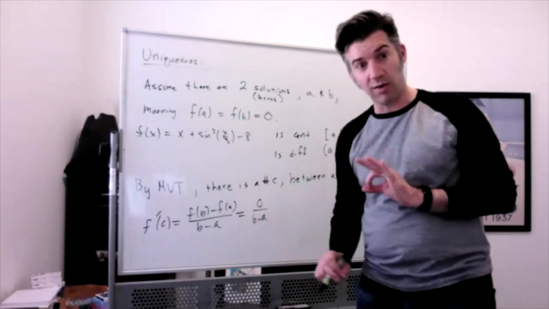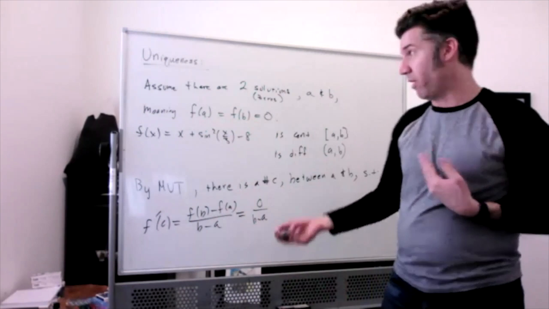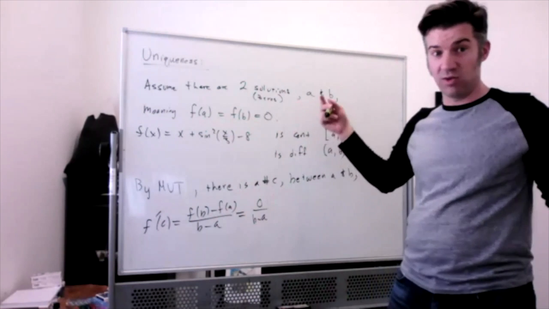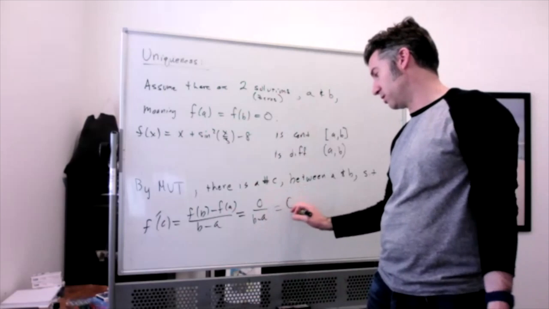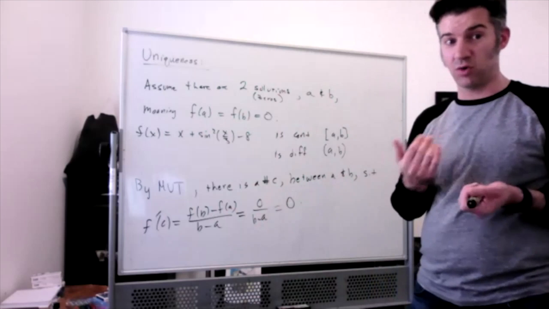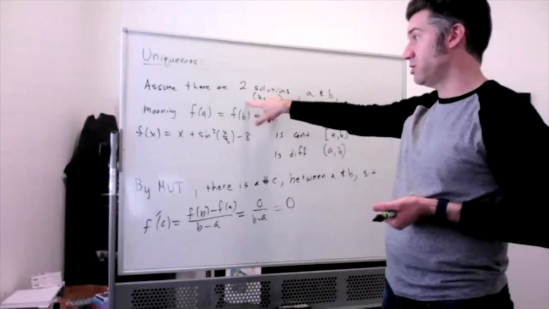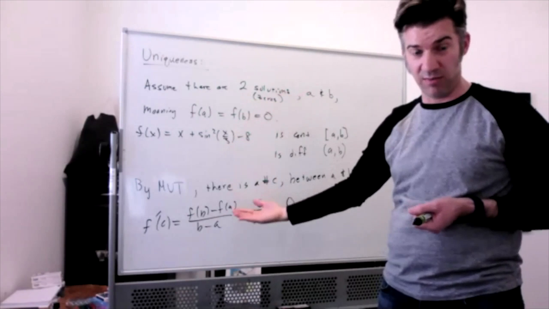And I want to point out, b and a are not equal to each other, right? a and b are different. There are two different zeros. So 0 divided by not 0 is 0. Okay, so far everything we've said is true. If there are two solutions, well, we know the function is continuous and differentiable, so we know the mean value theorem is true.